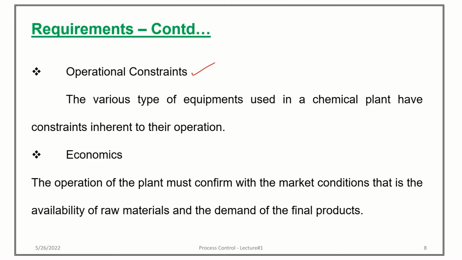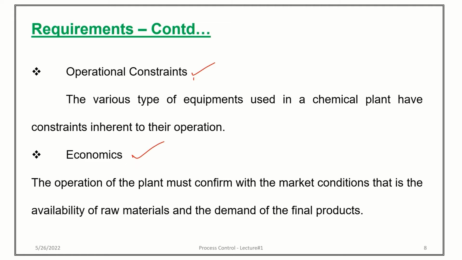That is, the tank should never be over flooded, and similarly it should not go dry, right. Similarly, if you take a distillation column, the distillation column should not be over flooded, and similarly the temperature of the reactor should be maintained within the limit. Otherwise, what will happen to the catalyst? It will destroy the catalyst. So these are all called as the operational constraints.